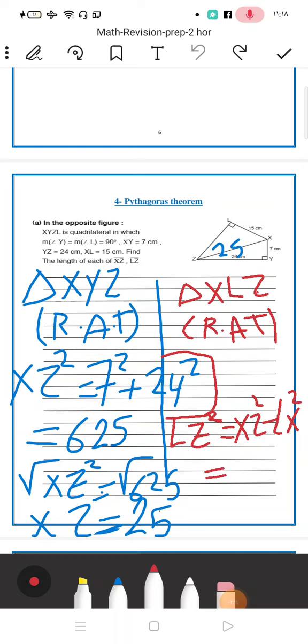So it will be 625 minus 225. It will be 400.